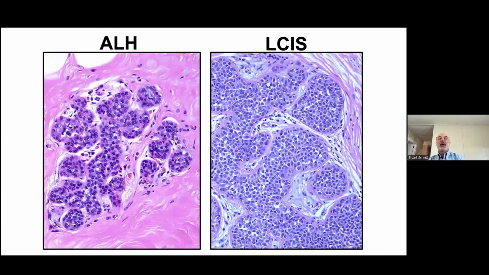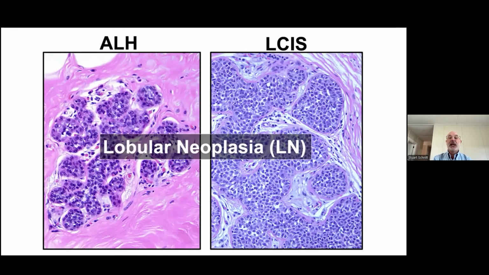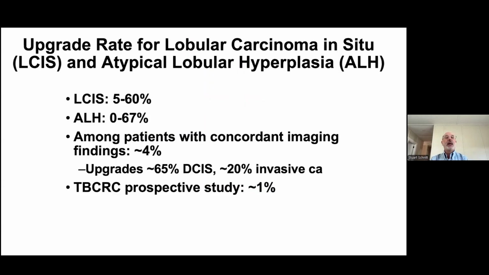Now, what about atypical lobular hyperplasia and lobular carcinoma in situ? Well, many studies combine these two under the heading of lobular neoplasia. So you'll see that term sometimes. So where are we with our understanding of upgrade rates to a worse lesion for LCIS and ALH? Well, again, like for ADH, the literature is all over the place.